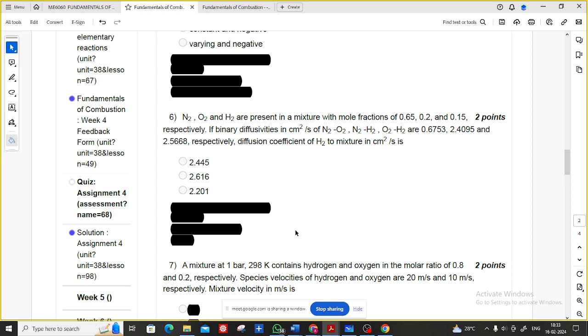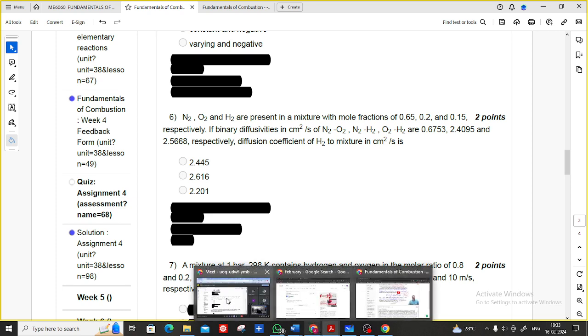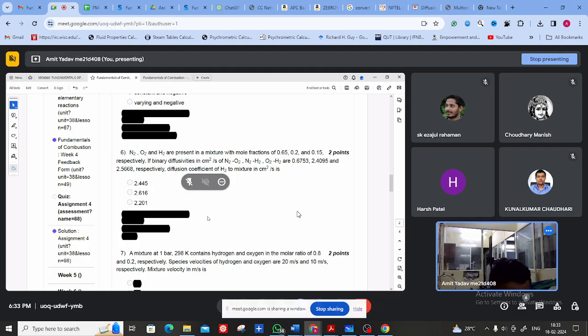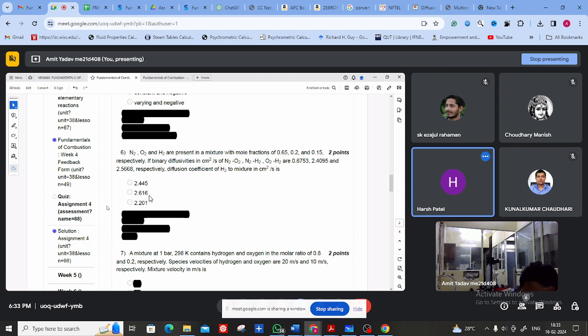Are you calculating? You just need to use the formula and substitute the values, and you will get the answer.